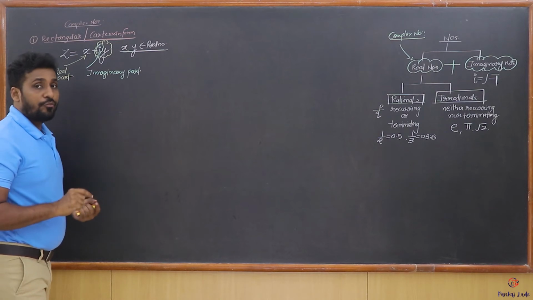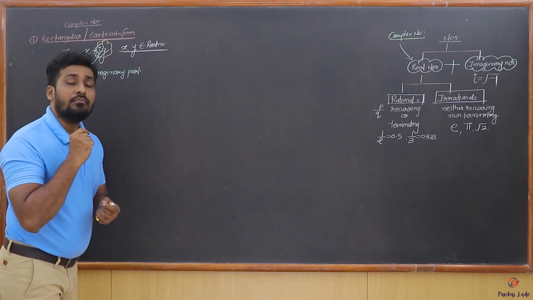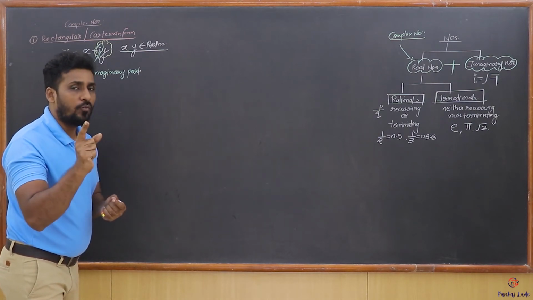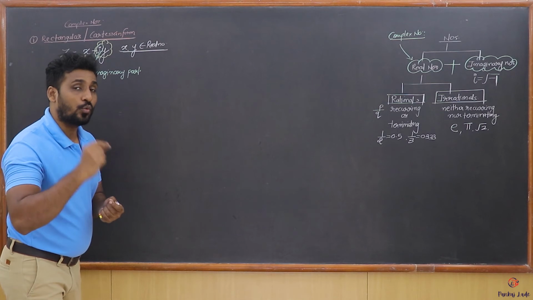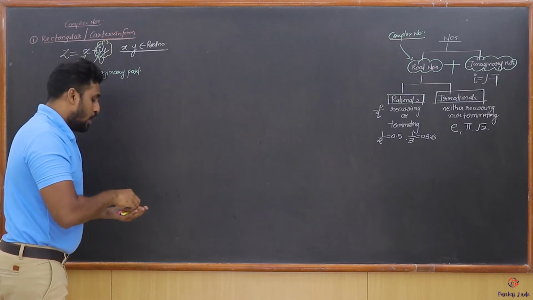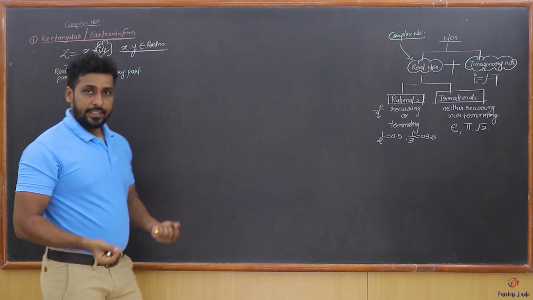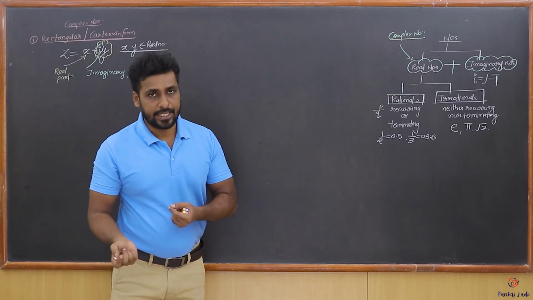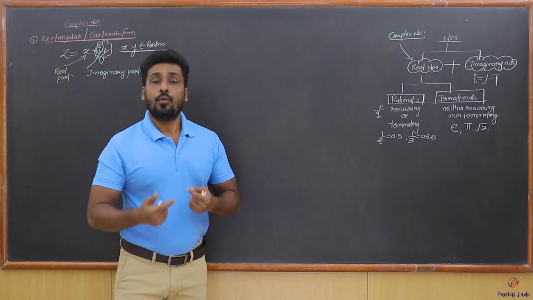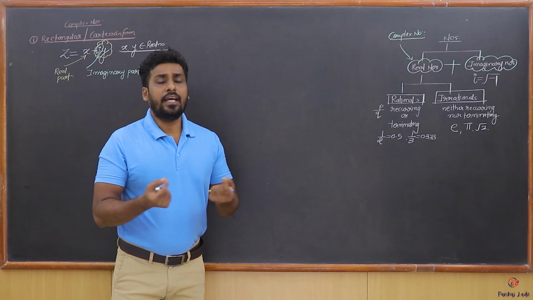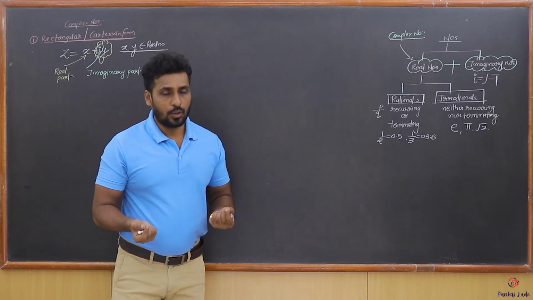Now students, observe carefully. I'm going to do something called the Argand's diagram. You have learned all these things in your lower standard, so it's a quick revision of what we have learned. So I'm going to draw an Argand's diagram over here. This x and y can be positive, negative, negative, positive, both negative. So any values of x and y are possible over here.